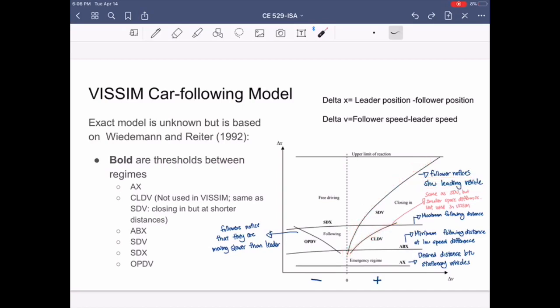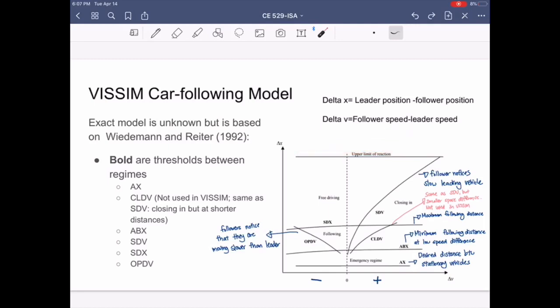CLDV is the same as SDV but has a smaller space between the follower and the leader, and it's currently not used in VISSIM. Lastly, OPDV is when the follower notices that they're moving slower than the leader. So first, as the distance between follower and leader increases and passes the upper limit of reaction, the follower does not react to the leader's action due to the large space between them.